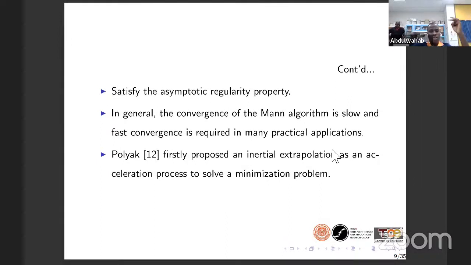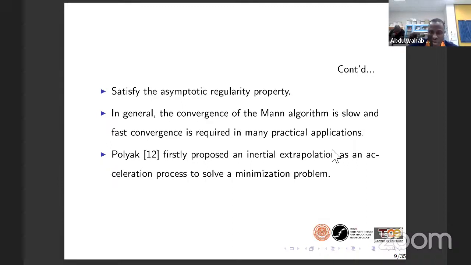In general, it has been noted that the convergence rate of Mann iterative methods is very slow when compared with many other important existing methods. And as we mentioned earlier, the applications of fixed points can be found in a vast area of different disciplines.